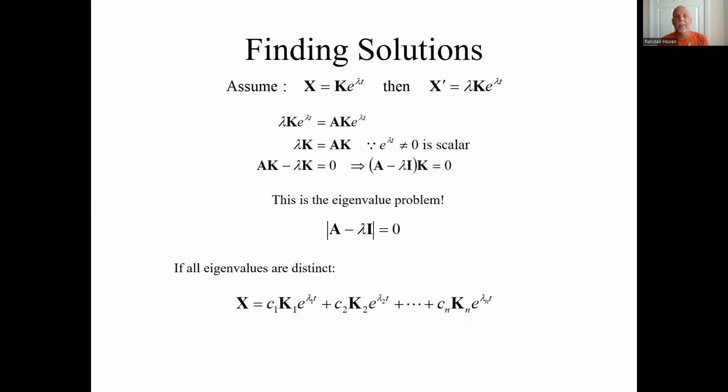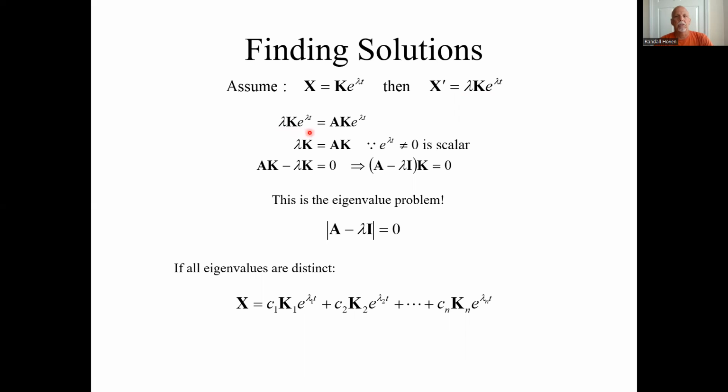So we go about finding the x. The x is the matrix of unknowns, the vector of unknowns, or the variables. Let's assume it has this form, where k is some vector, n by 1, times e to the lambda t. Then this x's derivative with respect to t would be lambda times the original x.